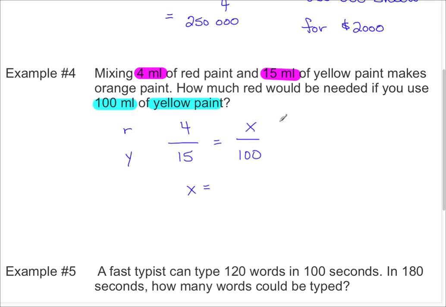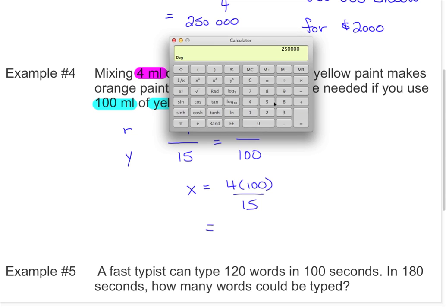So we take a look. Remember, cross multiplying, we cross this way. 4 times 100 divided by 15. So pull up the calculator. 4 times 100 is 400. Divided by 15 is 26.6.